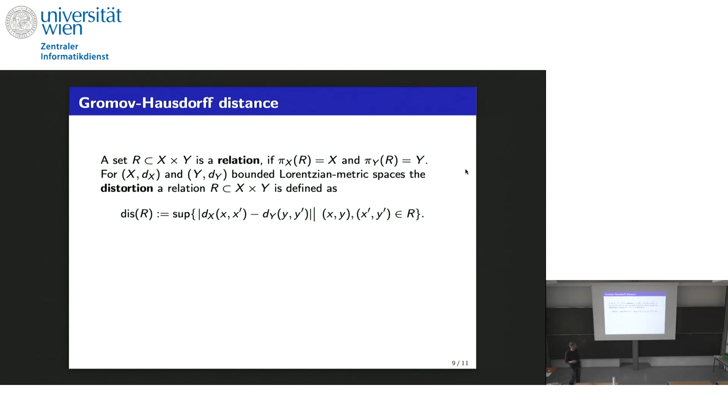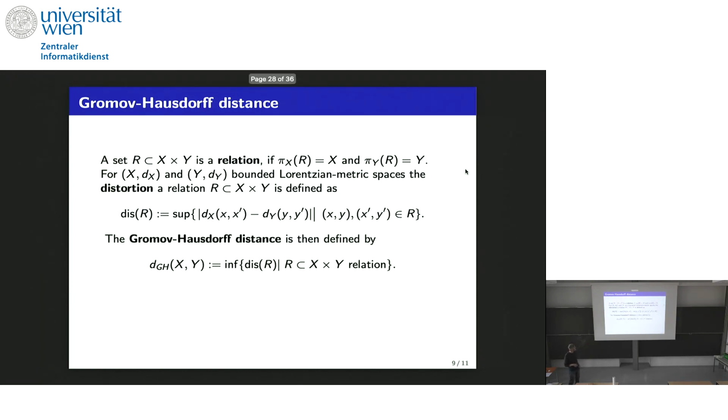If you take the smallest possible distortion of such a relation, it gives you a Gromov-Hausdorff distance between bounded Lorentzian metric spaces. And you can show that this is an honest-to-God metric on isometry classes of bounded Lorentzian metric spaces, isometry being a bijective map that maps the time separations onto each other.